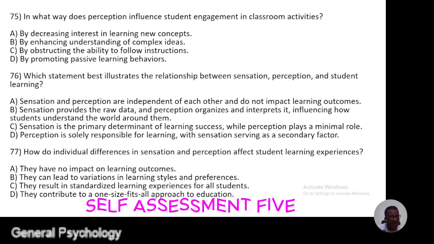B. Sensation provides the raw data and perception organizes and interprets it, influencing how students understand the world around them. C. Sensation is the primary determinant of learning success, while perception plays a minimal role. D. Perception is solely responsible for learning, with sensation serving as a secondary factor.